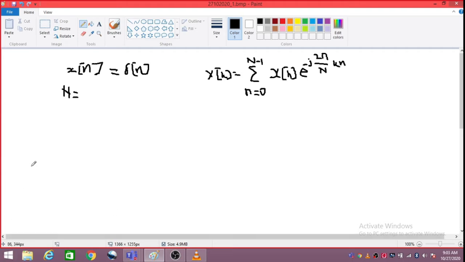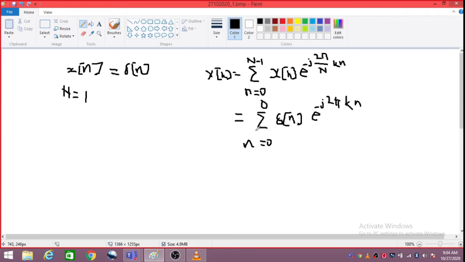Okay, summation is performed on n. So what is capital N? Capital N is 1 because there is only one term. So it will be summation delta n e raised to power minus j 2 pi kn, where n is changing 0 to 0.